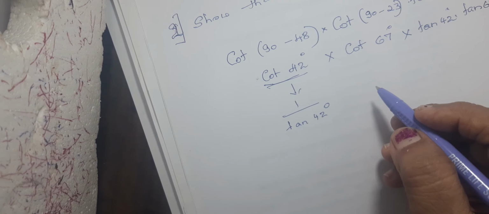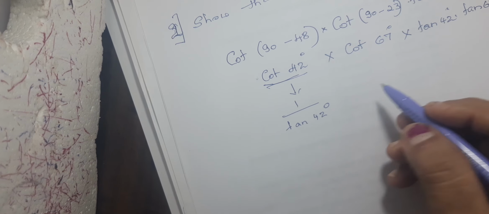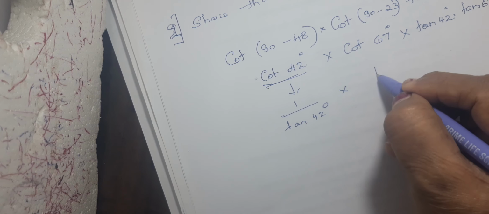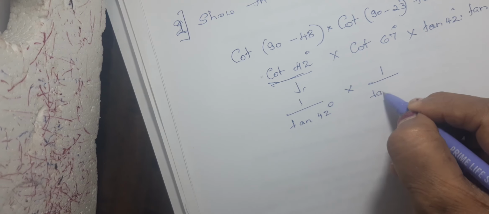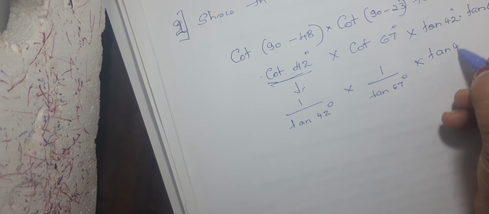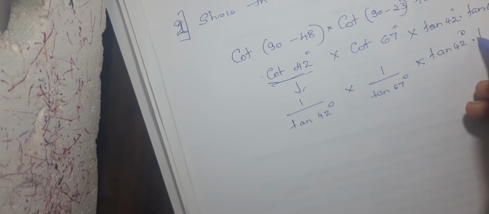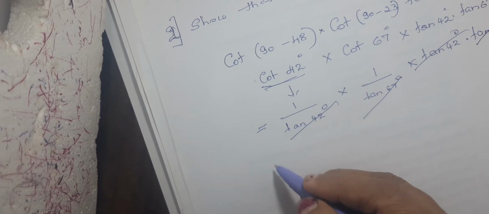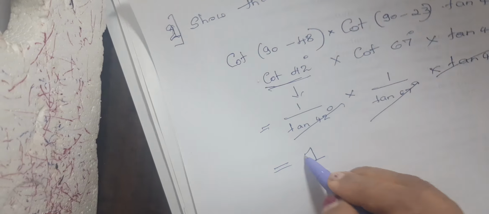Because they are reciprocals of each other, you can change any 2. Now cot 67 is 1 by tan 67, into tan 42, keep it as it is, and the other, tan 67. Now what happens? This and this cancel, this and this cancel, so it is equal to 1. Such an easy sum.